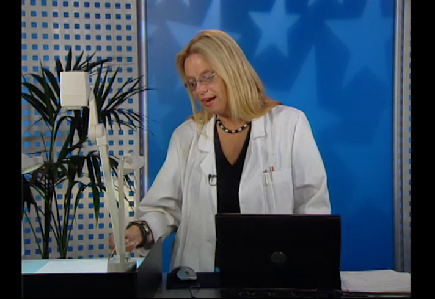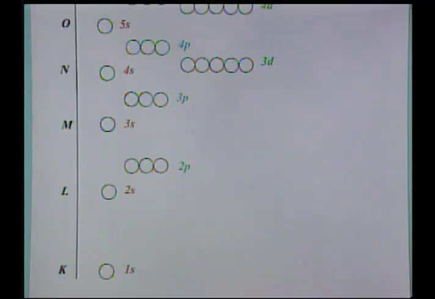So hydrogen would have a 1s type of electron configuration, and helium would be 1s square, meaning 2 will be in the s orbital.